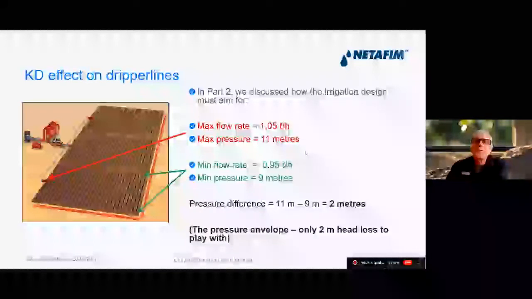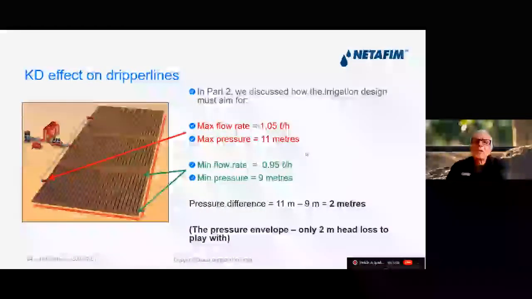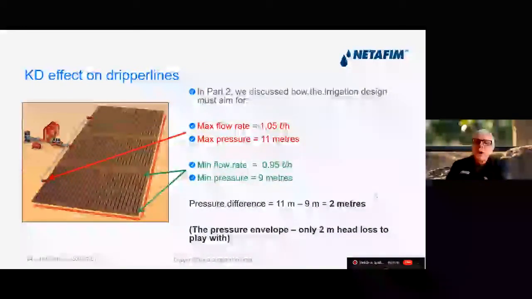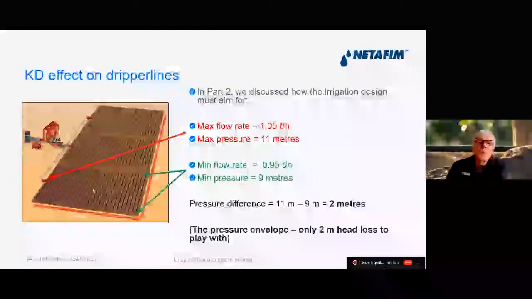If you remember, that was to give us a 10% flow variation with a 1 litre an hour dripper. So we had 1.05 litres an hour at the top end and 0.95 litres an hour at the bottom end, and the pressure at those points was 11 meters and 9 meters respectively. The pressure difference is therefore 2 meters, and that was called the pressure envelope. So we've only got 2 meters of head loss to play with when we're sizing the pipe of this submain here.